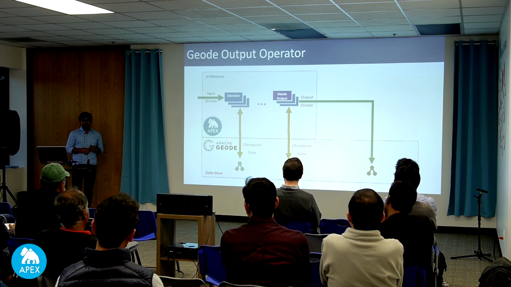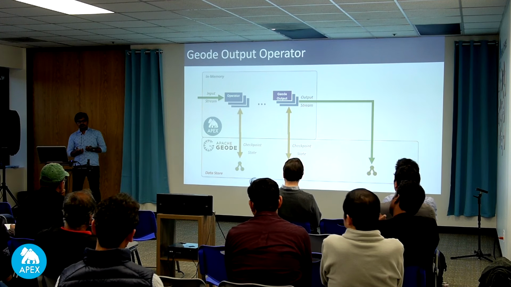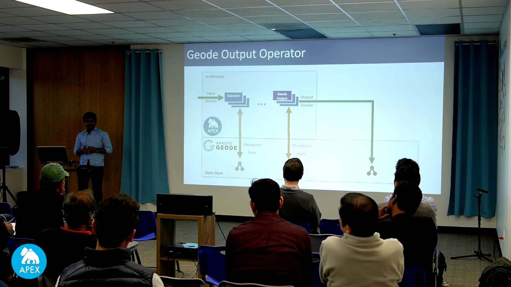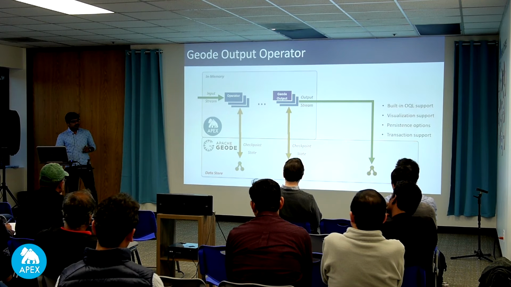Now, how does the application benefit from this? What are the benefits of writing this data into an in-memory Geode cluster, beyond a performance gain? One of the cool things is that Geode already has pre-built query support. So now you have an application which reads, computes, and writes to Geode in terms of POJOs.